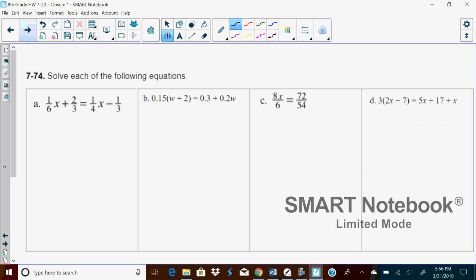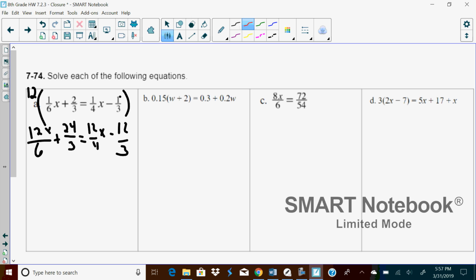Problem 74, solve each equation. So for the first one, I'm going to multiply through by 12 because that's my common denominator. So I'm going to get 12x over 6 plus 24/3 equals 12/4x minus 12/3.